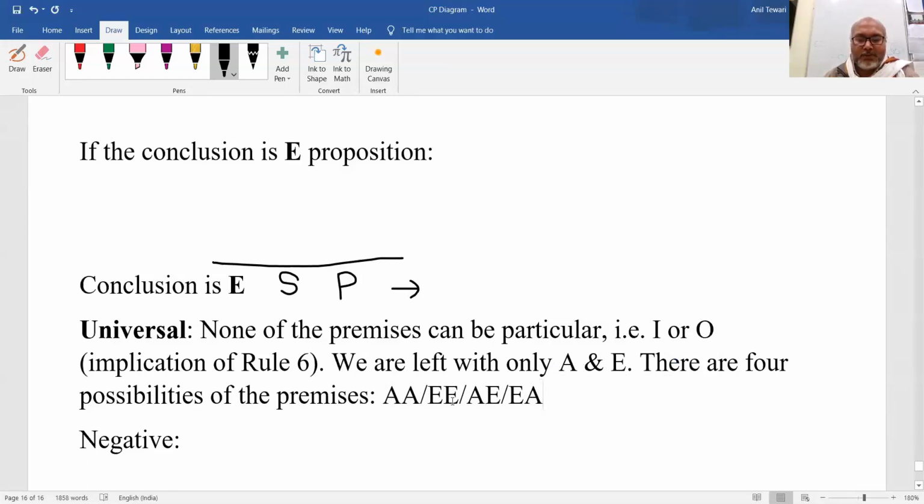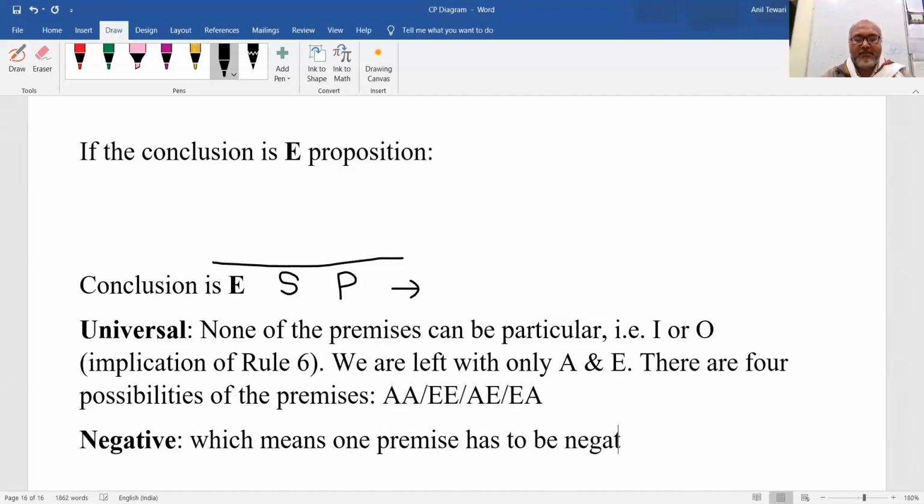Now you have to choose which are the viable possibilities. Consider E is negative, which means one premise has to be negative. E is negative, the conclusion is negative, which means one premise has to be negative. What is the rule? Rule 5. Rule 5 क्या कहता है?